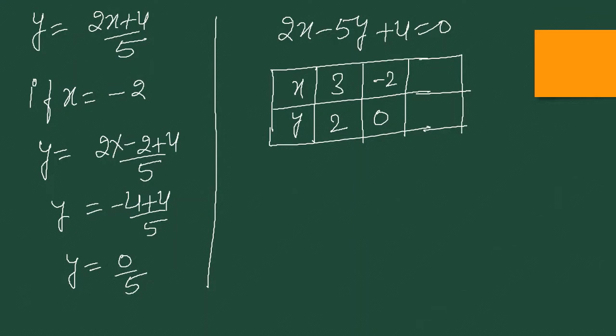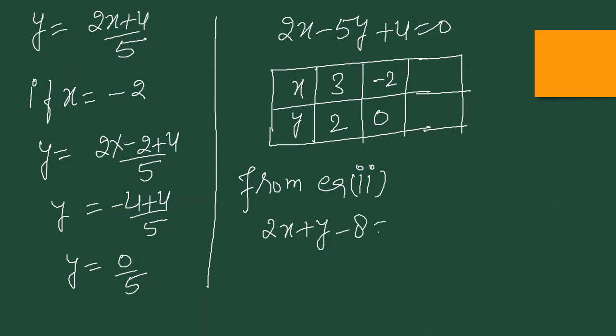Now I am going to the second equation, which is 2x plus y minus 8 equal to 0. As I explained in the previous question, if the term of y is negative, try to send that term to the other side. If it is positive, keep it here.